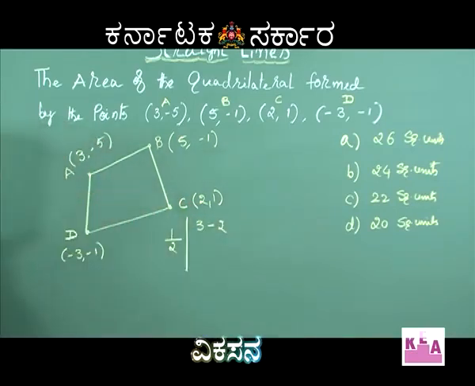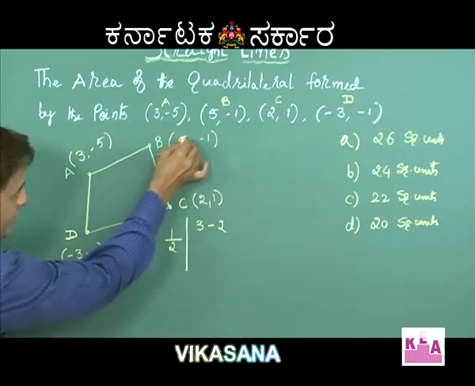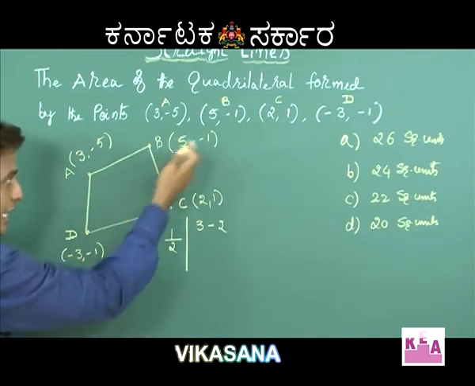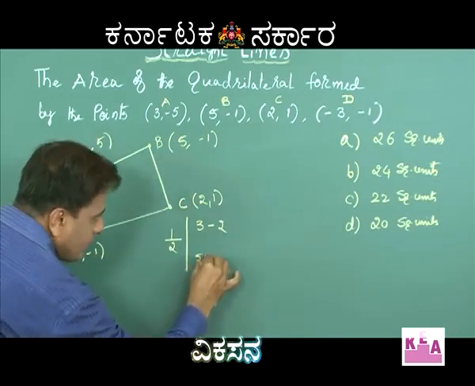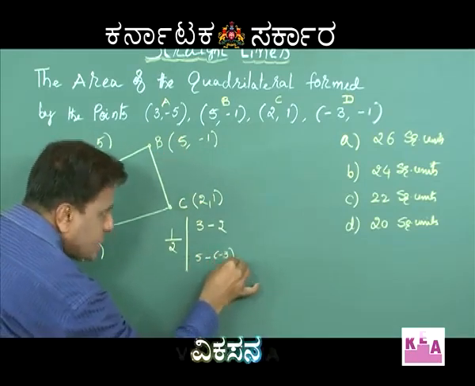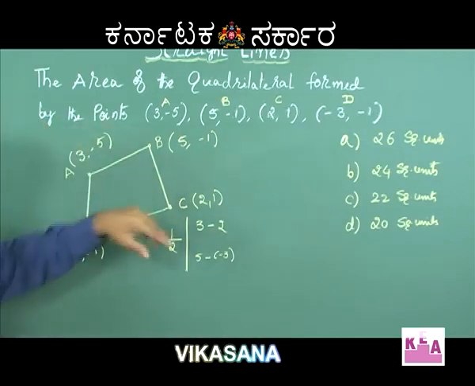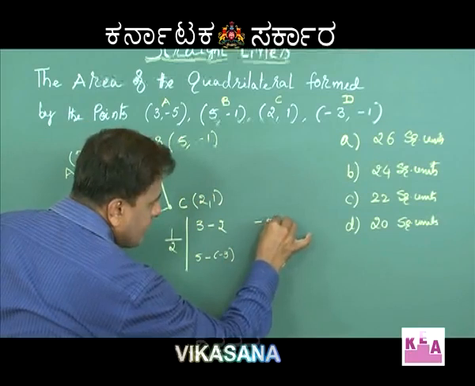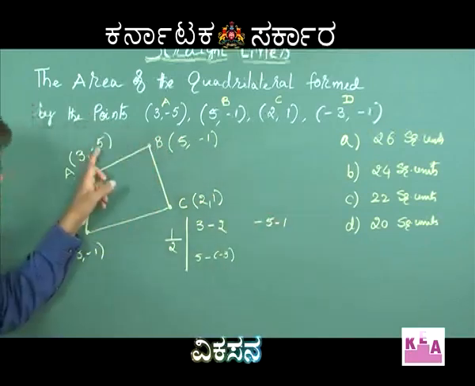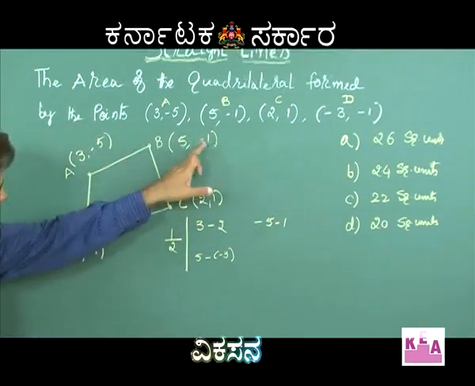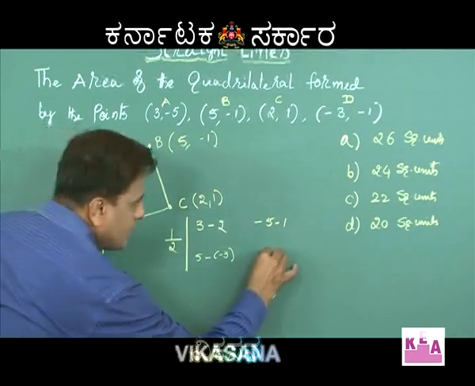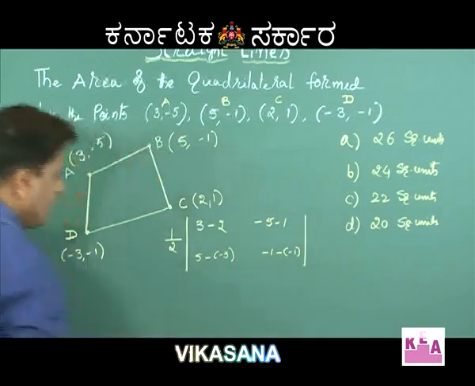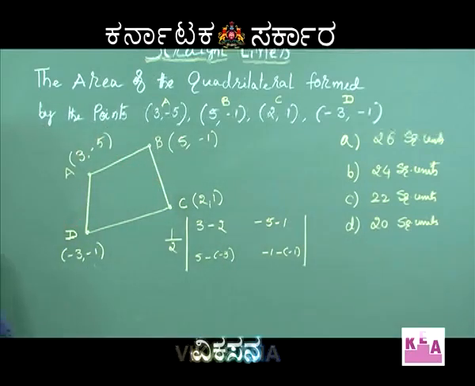In the next row, again take the difference of these two, 5 minus of minus 3. Similarly, take the y coordinates, minus 5 minus 1, and again minus 1 minus of minus 1. Please, again I will give you the idea of this technique.